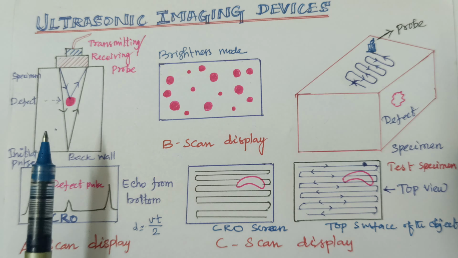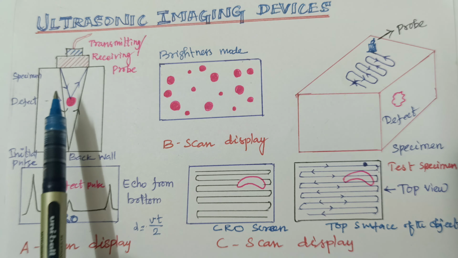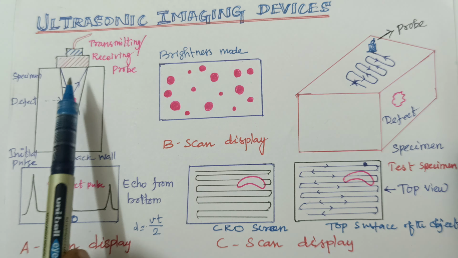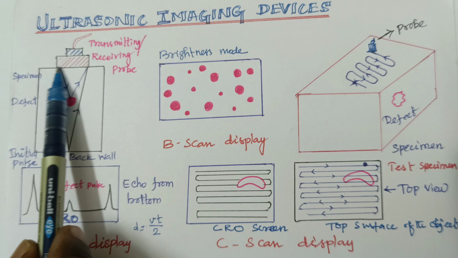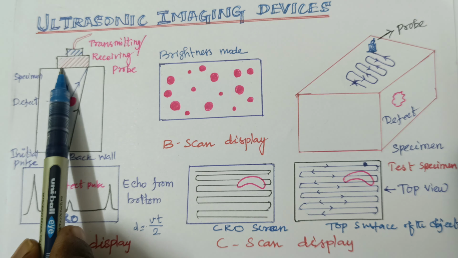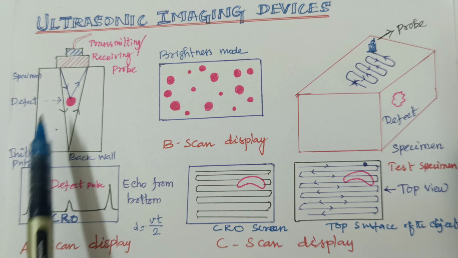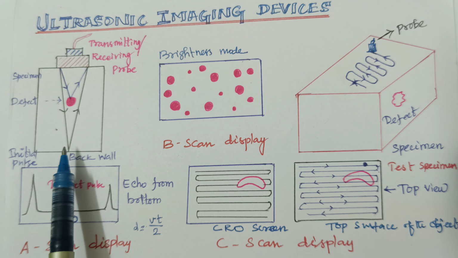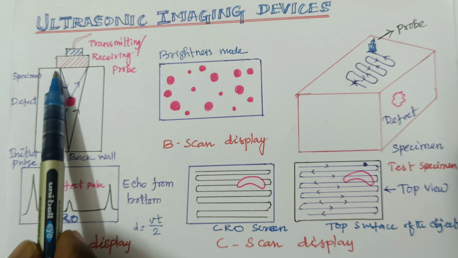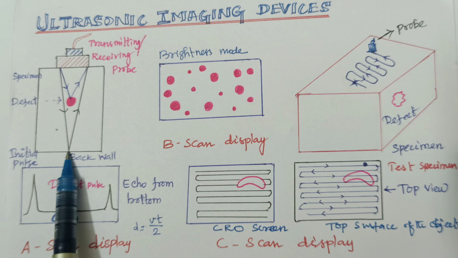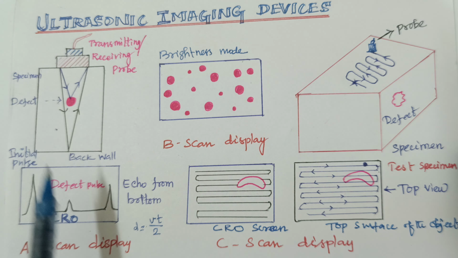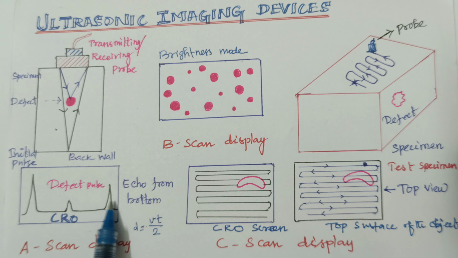Once again, the A scan method. Here, the ultrasonic source falls on the surface of the sample and is reflected, and that initial pulse you get on the left side of the CRO. If the material has no defect, the sound waves fall on the bottom surface and are reflected back to the receiving probe, which gives the back echo pulse.